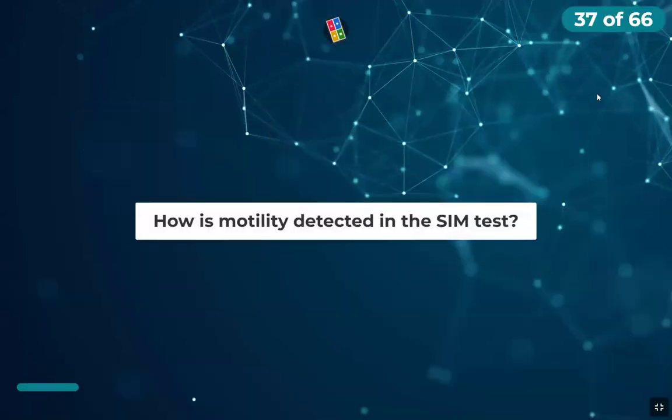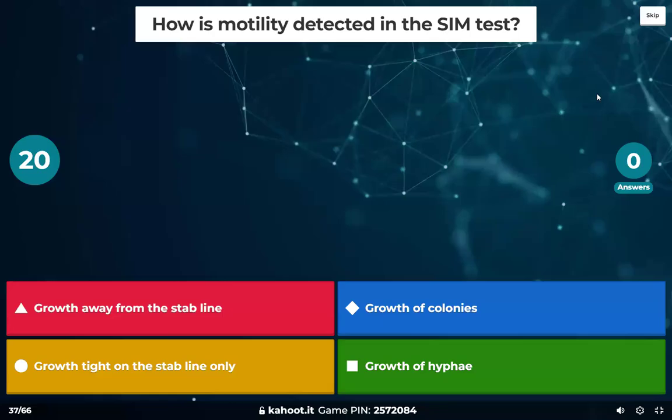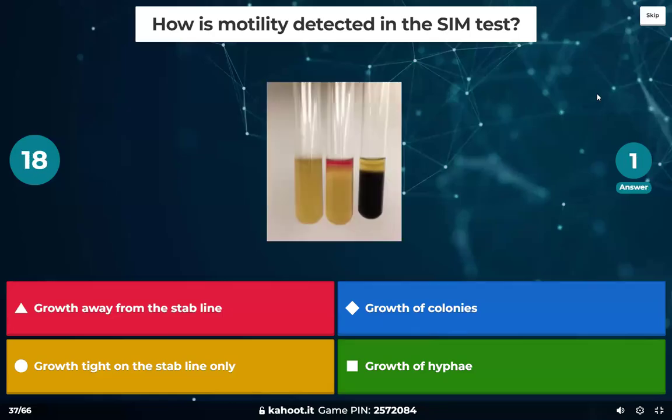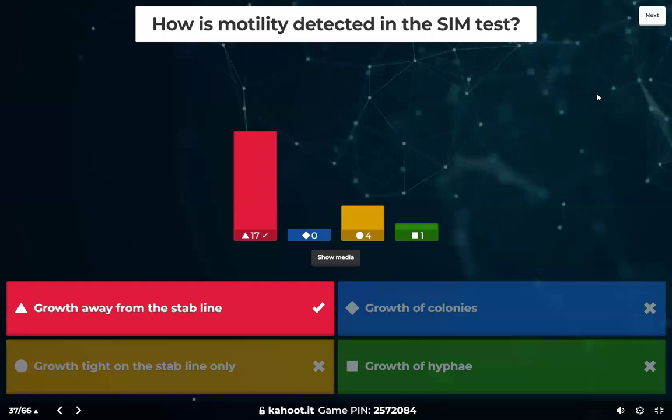All right, how is motility detected in SIM? Okay, so for motility, we're going to look for growth away from the stab line.